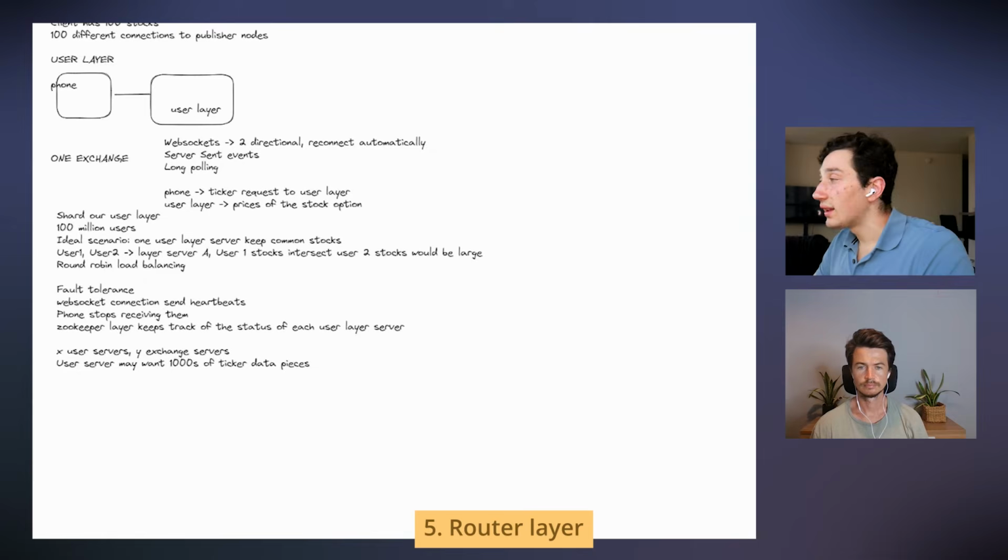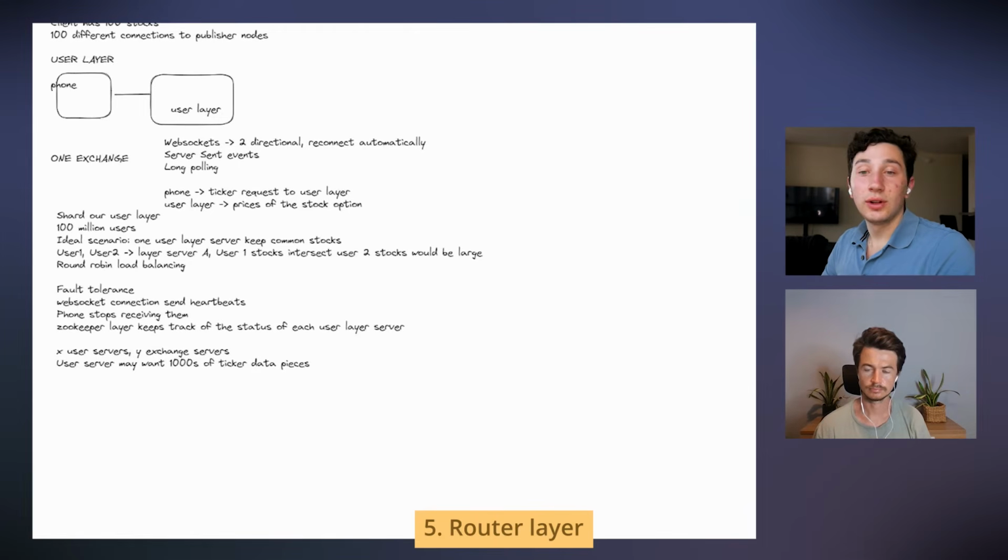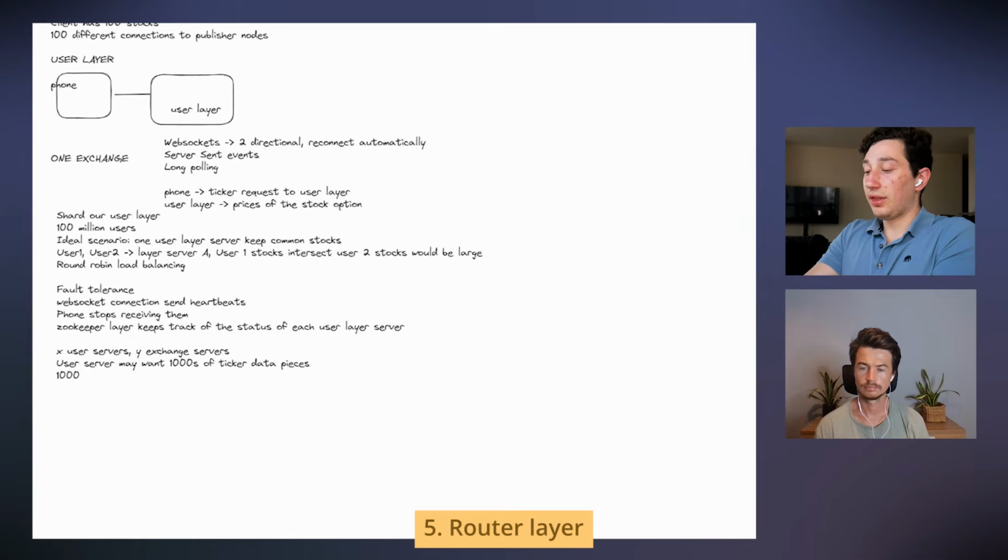And that's going to be problematic, I think, especially potentially for the publisher server, if nothing else. I mean, the user server may be problematic too, but that's what we have the sharding for. I think for the publishing server, though, the issue is, let's say we have 100 million users.